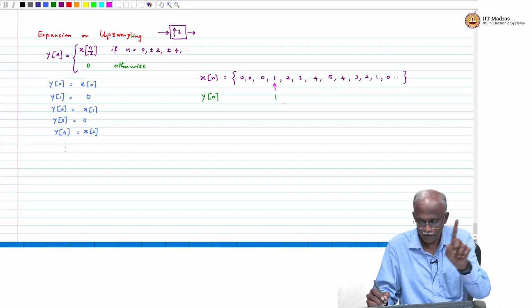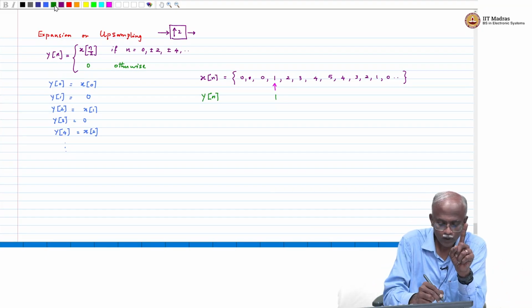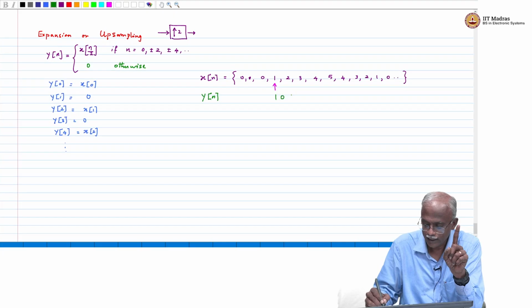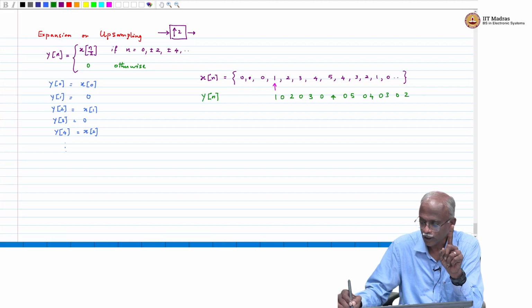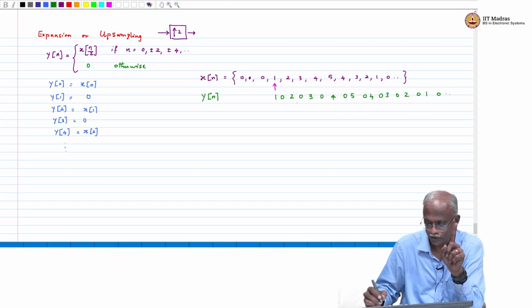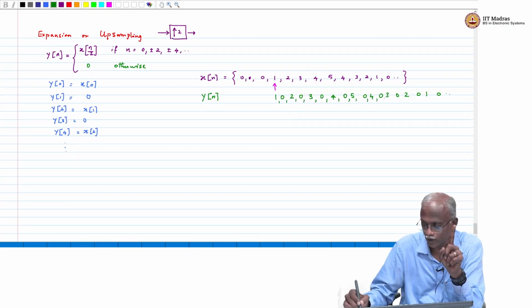And then the next sample of y of n was a 0. Then you had the value equal to 2, 0, 3, 0, 4, 0, 5, 0, 4, 0, 3, 0, 2, 0, 1, and then all zeros. So, basically put a comma in between. So, you have inserted one 0 between every 2 set of samples.